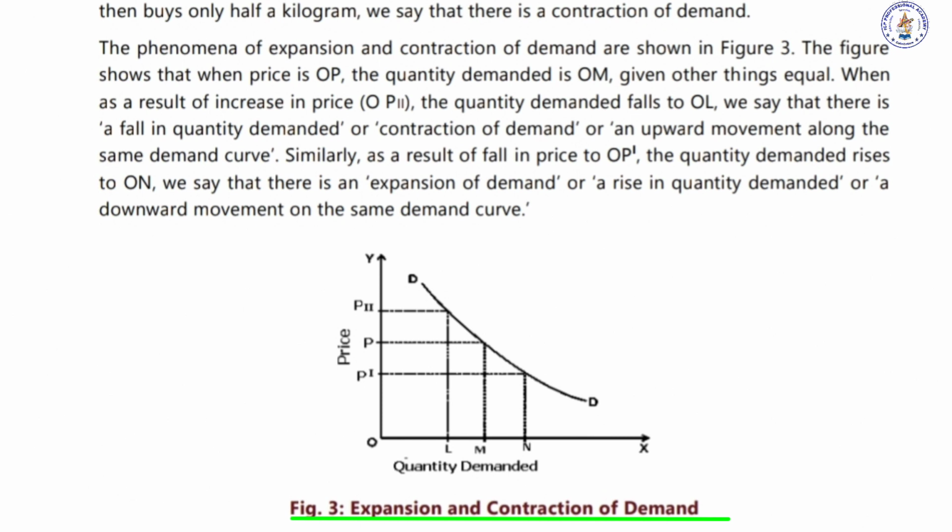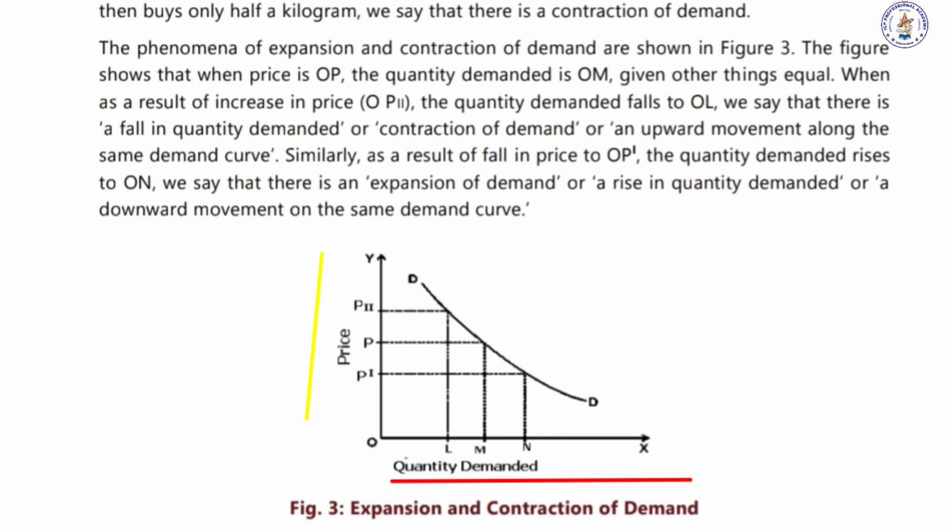Now on the y-axis, you have the price per kg, and on the x-axis, you have the quantity demanded for various prices. Now the consumer is at point OP, that is the price he is ready to pay for the commodity that he needs to buy.